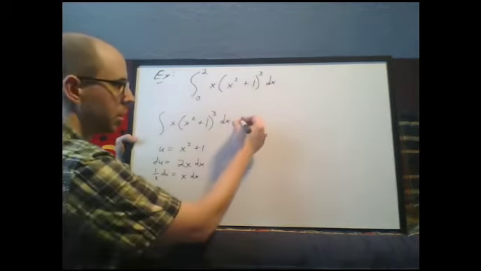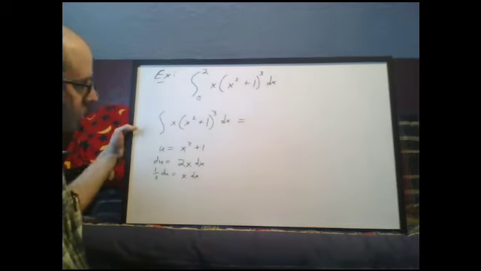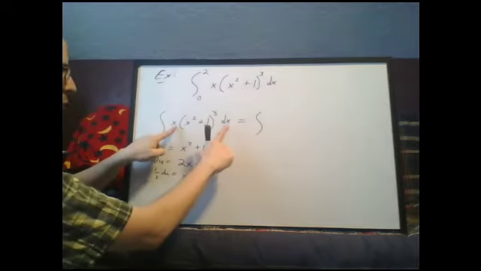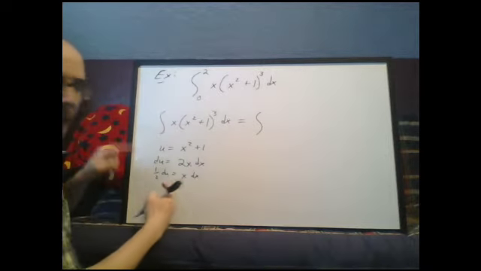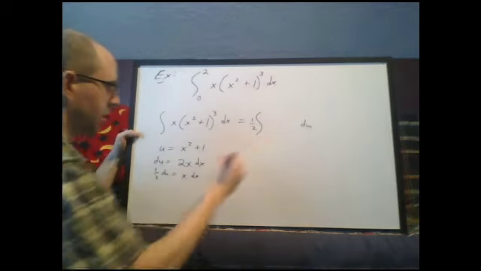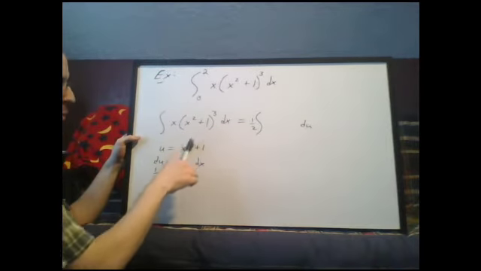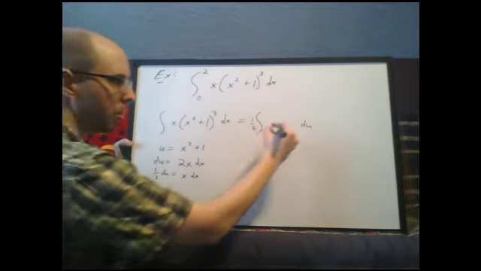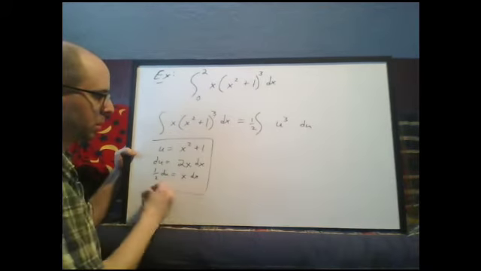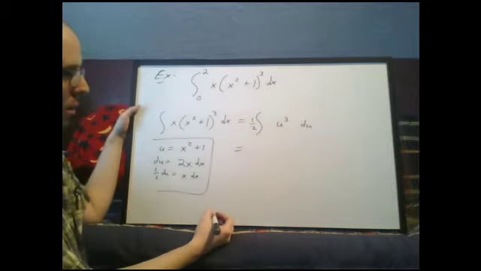So now I'd say this is the integral of, I trade the x dx in for a 1/2 du. Then I've got x squared plus 1, so that's u to the 3rd power. Now we integrate that.